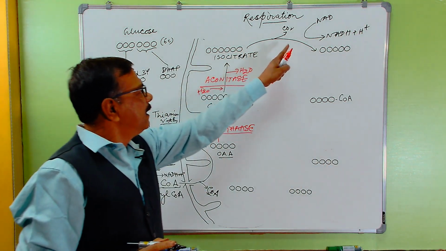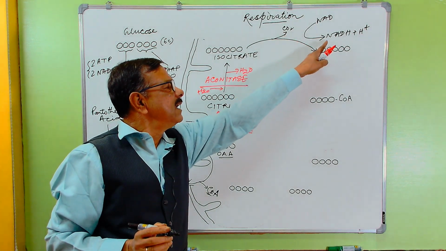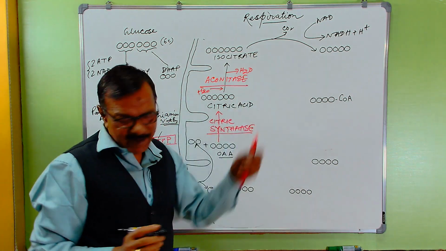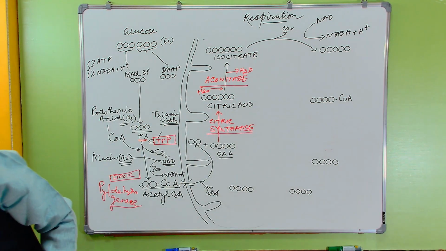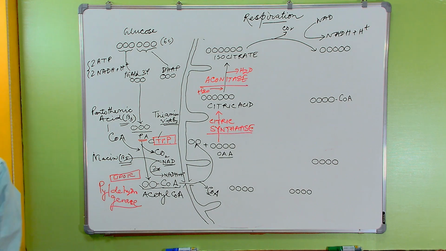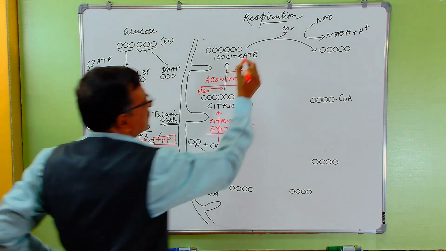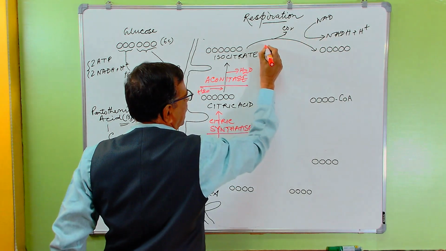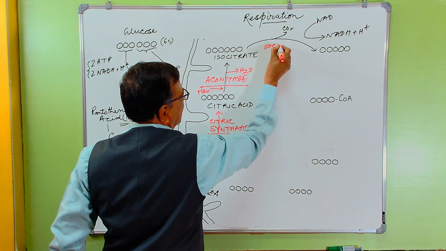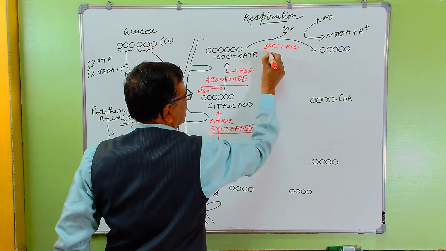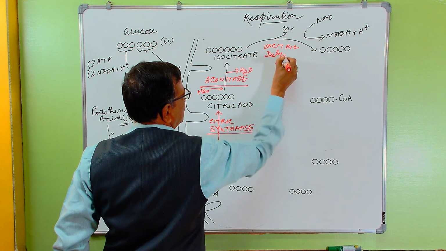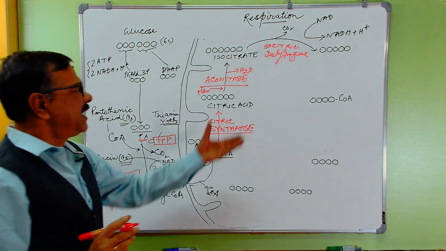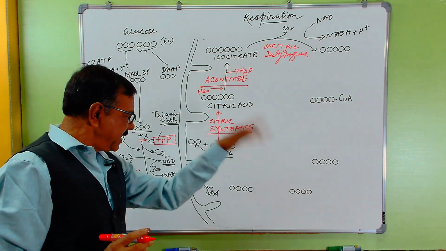Actually decarboxylation takes place and oxidation takes place. So there should be an enzyme in between. This is known as isocitric dehydrogenase. Dehydrogenation is going on. Isocitric dehydrogenase works within the mitochondria.